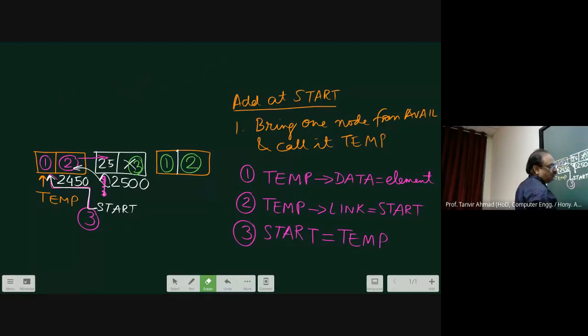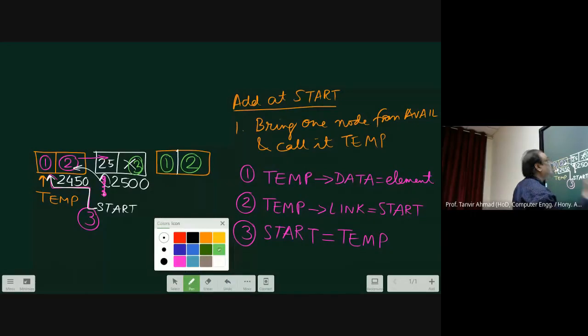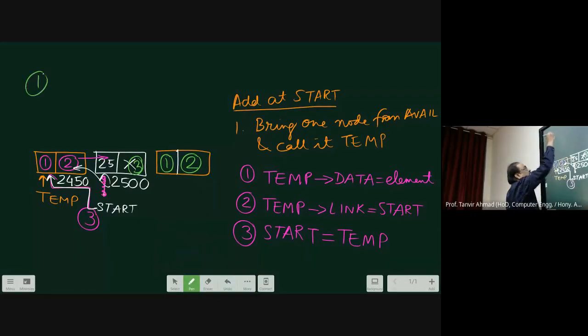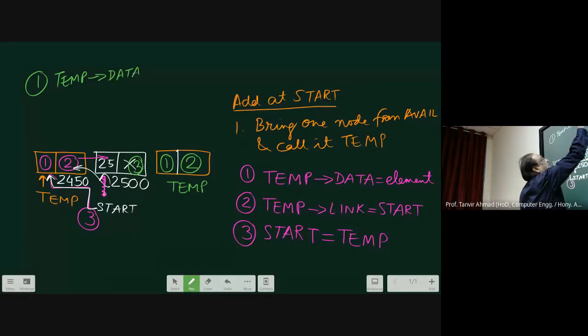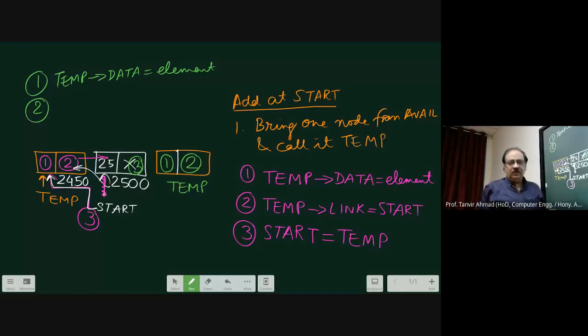Now what I will do, the first one, I will put something over here. Therefore, this is also called as temp. I will say temp of data. The second one, that is called temp of link.